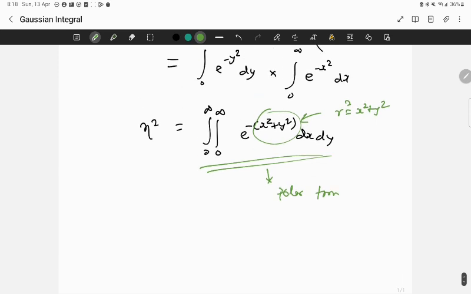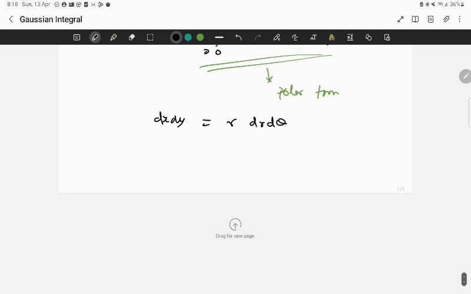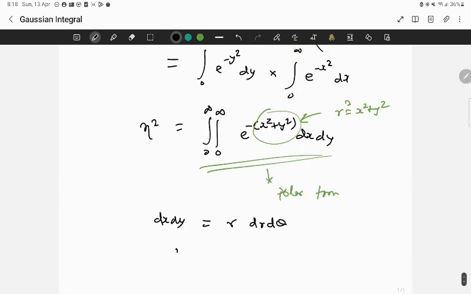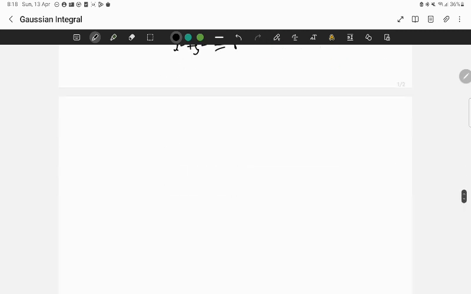In polar coordinates, if you compute the Jacobian properly, you should get that dx dy is r dr d theta, and x squared plus y squared can be replaced with r squared. So then our integral becomes e to the minus r squared times r dr d theta.